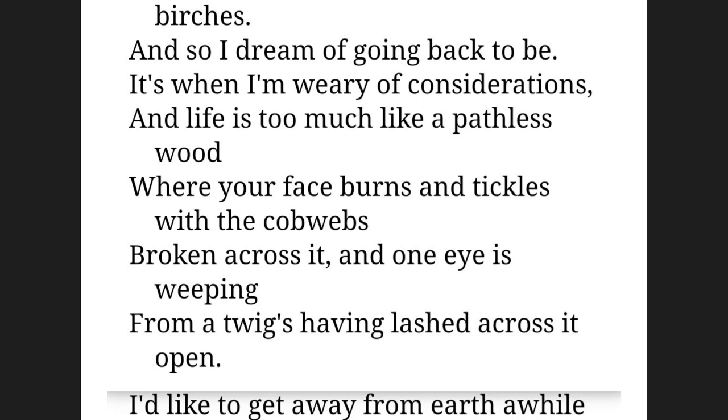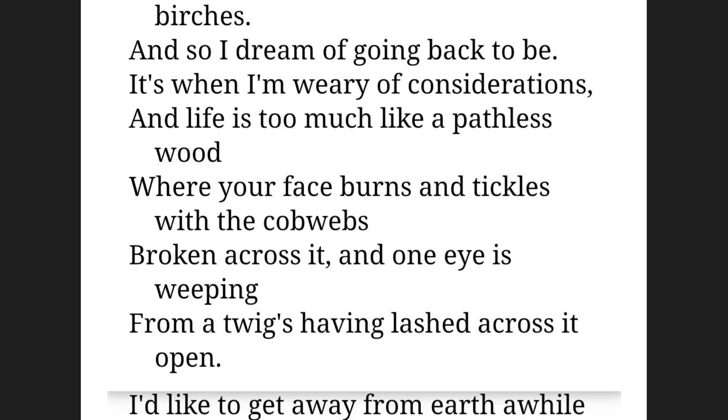Then what happens? Suddenly you feel that the cobwebs are stuck on your face, and then you have to wipe them off. And sometimes when you are going through a wilderness, through a forested place, sometimes the twigs and branches sticking out from the trees alongside can cut the corner of your eyes open if they strike you in the face.